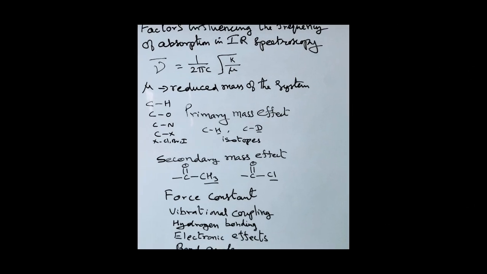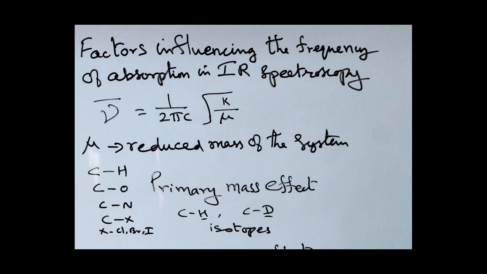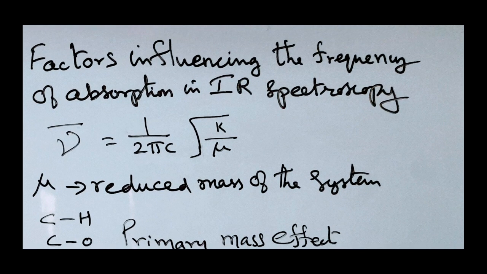Now let us see the factors that are influencing the frequency of absorption in IR spectroscopy. The formula for calculating the frequency of absorption in IR spectroscopy is nu bar is equal to 1 by 2 pi c square root of k by mu. K is your force constant and mu is your reduced mass of the system.